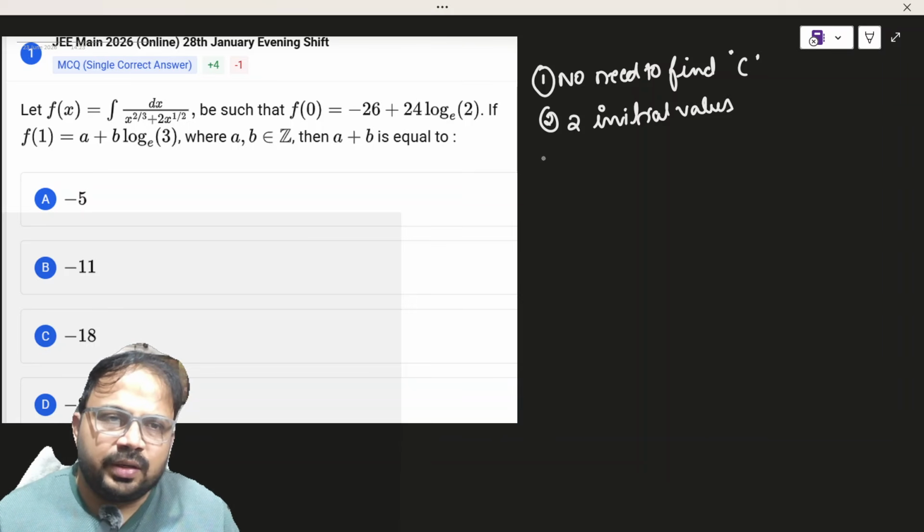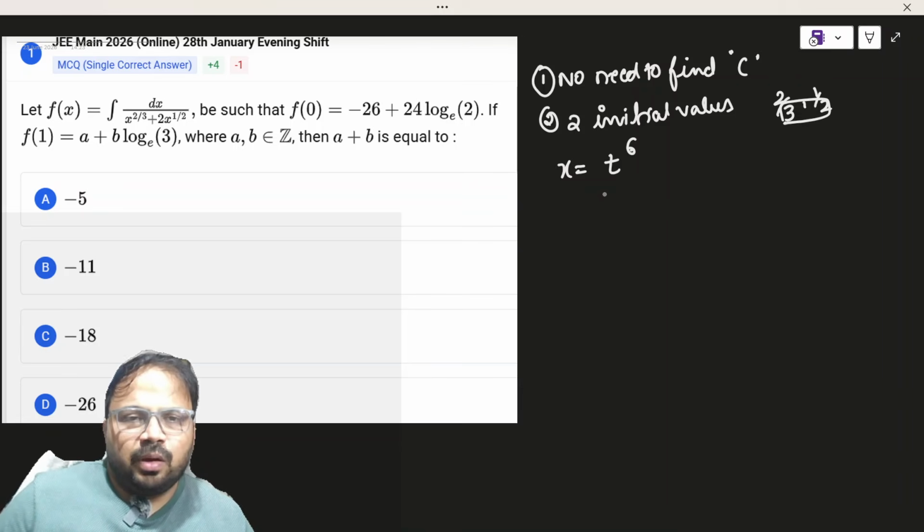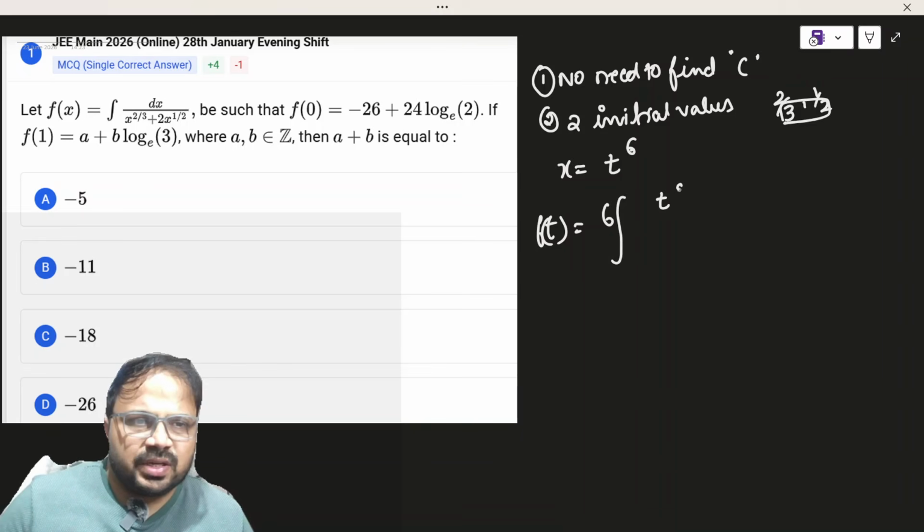All right, now let me solve this. Say x is equal to t to the power 6, taking the LCM of 2 by 3 and 1 by 2. The LCM of 3 and 2 is 6, so I'll raise it to 6. So f of t would be, try to do it in more direct approaches, it saves time.